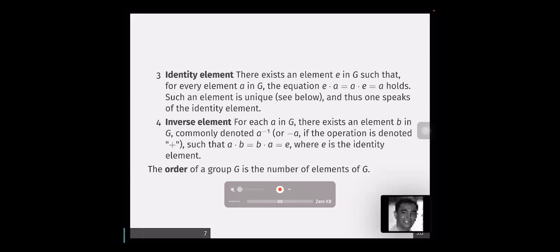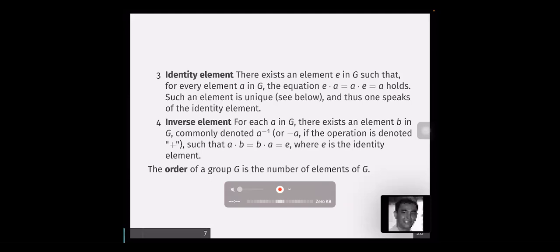So the group also has an inverse element. No? So given any member of the group, let us say A, there is an element, let's say B, so that when you multiply A and B, it will give you the identity element. In other words, B is the inverse of A.